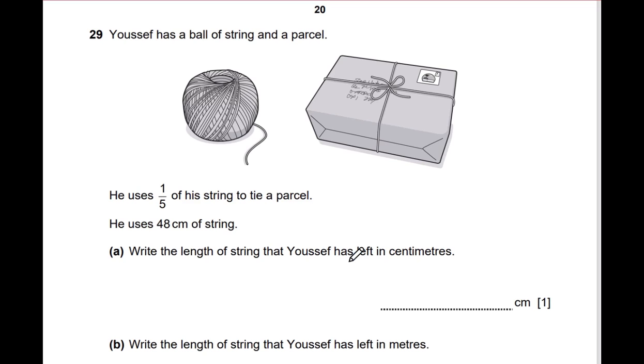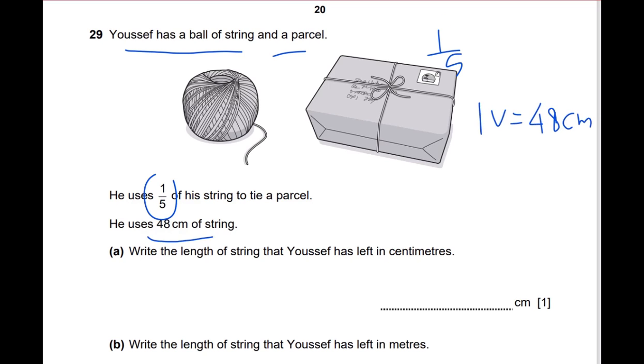So he uses 1/5 of the string to tie the parcel. If the total is 5 units, then he uses 48 cm, so 1 unit is 48 cm, because it is one unit out of 5.